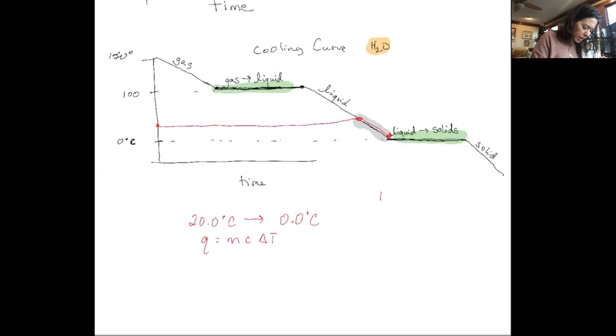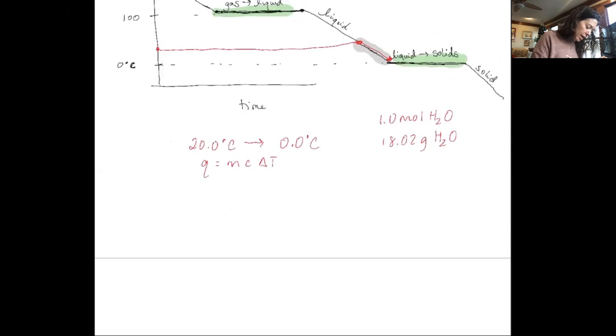Up above, it said we had 1 mole of water, which is equivalent to 18.02 grams of water, right? So in order to take the liquid water that's at 20 degrees and get it to its freezing point, I would say Q equals my mass of water, 18.02 grams, times my specific heat of water, 4.184 joules per gram.